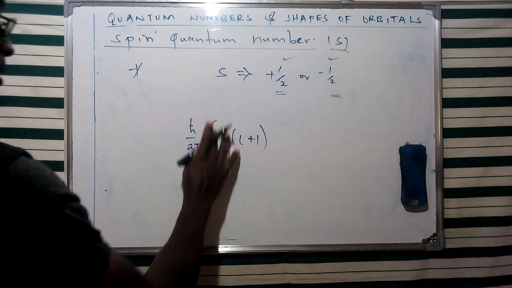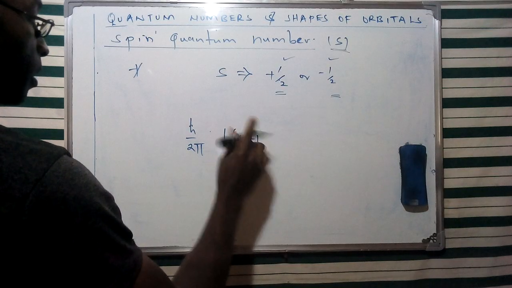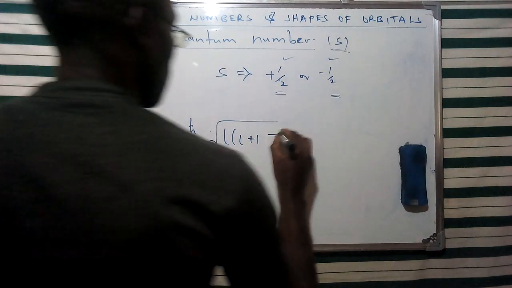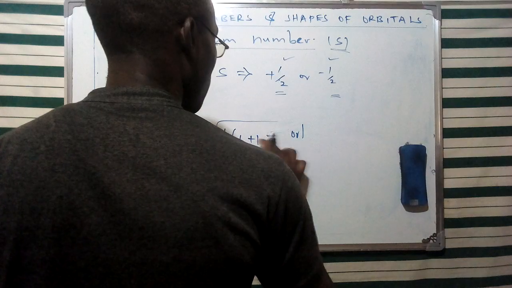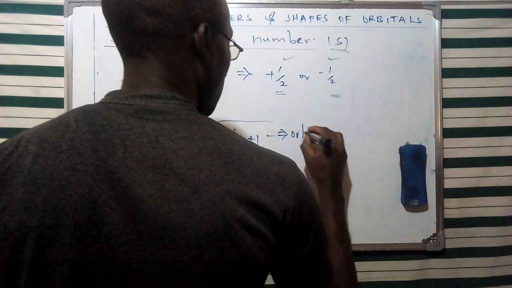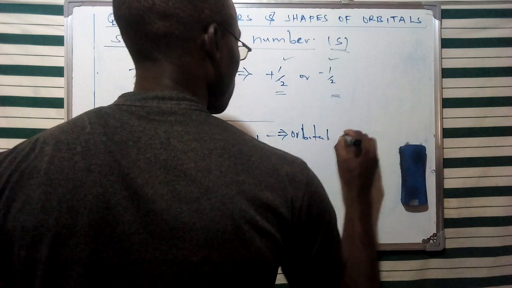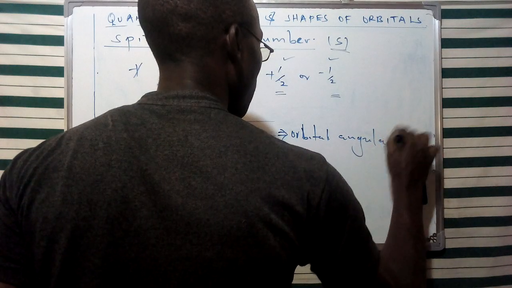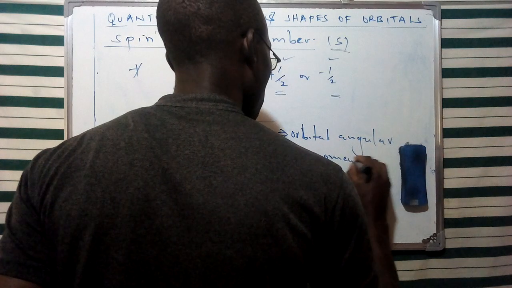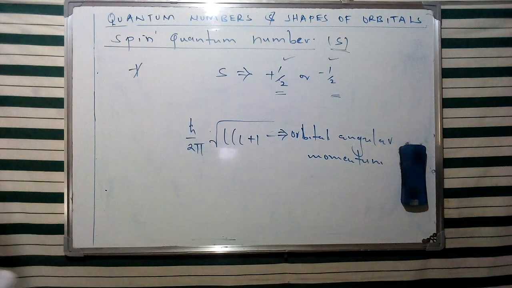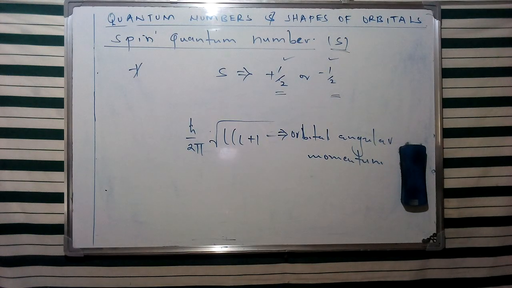And this was just a root, so we're going to have this one represented as this. So this implies orbital angular momentum, and it was given in this specific designation.